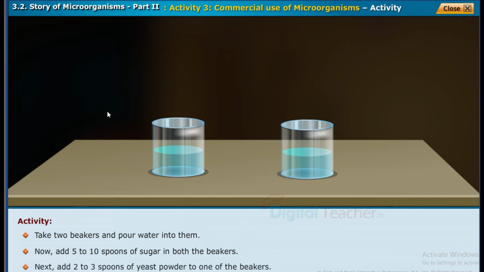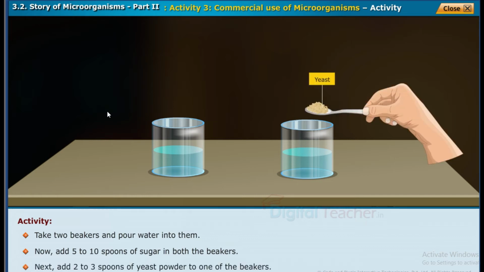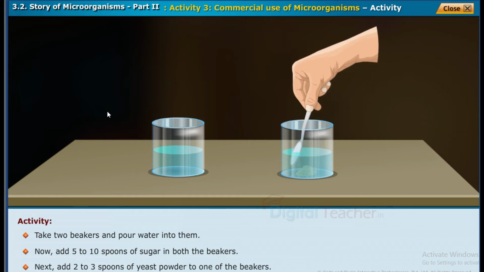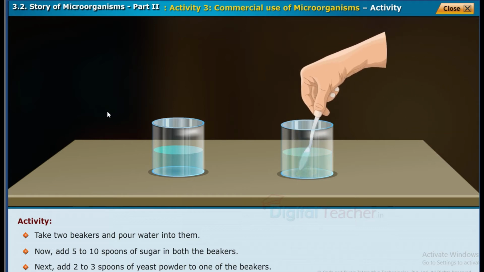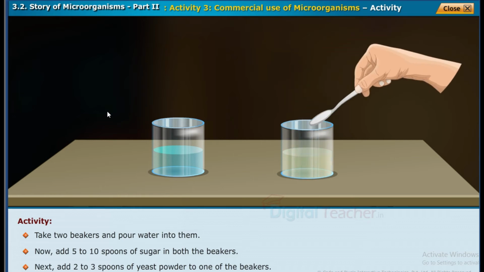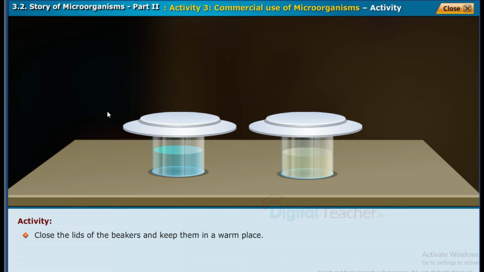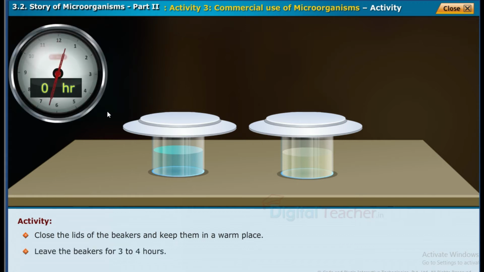Next, add 2 to 3 spoons of yeast powder to one of the beakers. Close the lids of the beakers and keep them in a warm place. Leave the beakers for 3 to 4 hours.